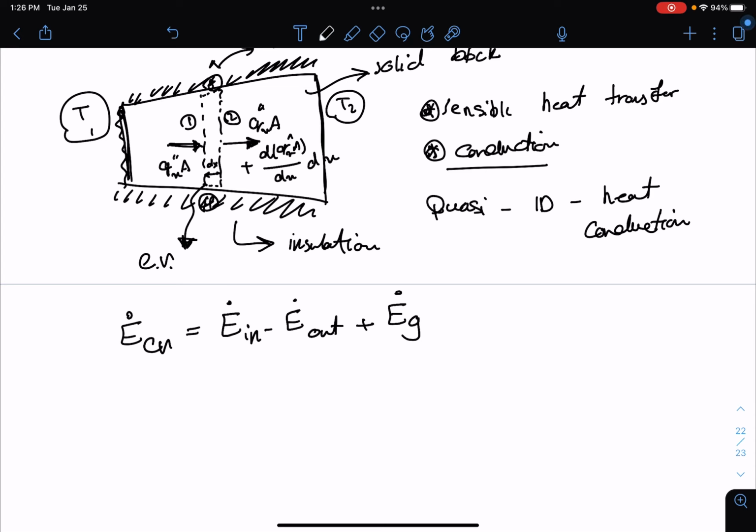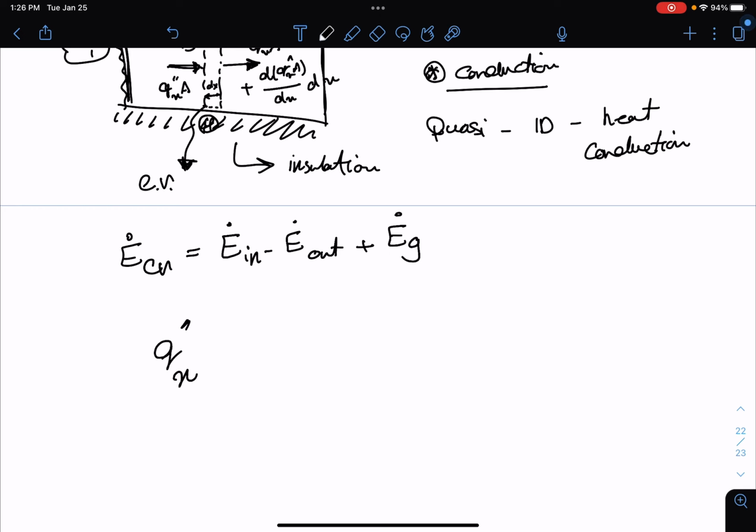What's the subscript you have next to the Q? Q of x, so Q in the x direction. It is Q double prime of x. So again, let me magnify this here, the control volume. This is the control volume.